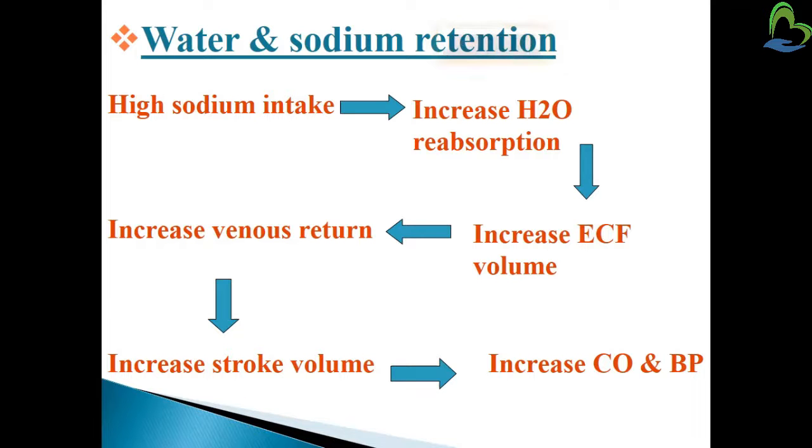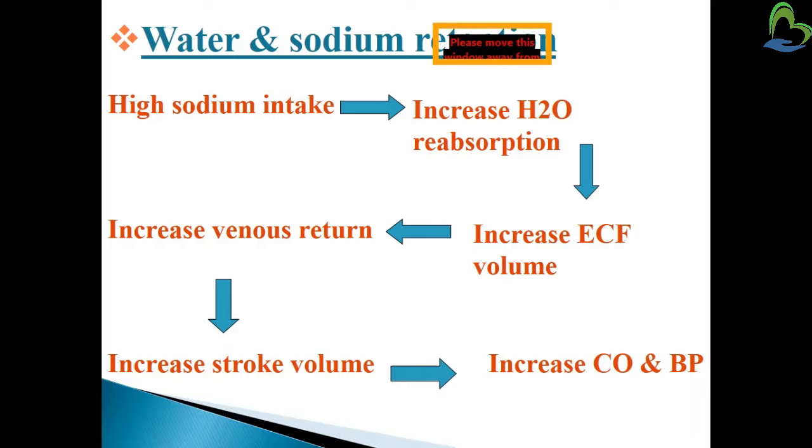And definitely due to that, venous return will increase, because the fluid intake is more than what was required in the body. So the system is again throwing the blood towards the heart, the right atrium. Venous return will be more, and that will increase the stroke volume.